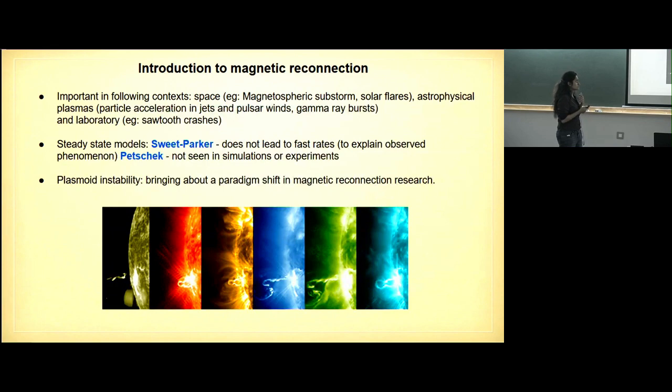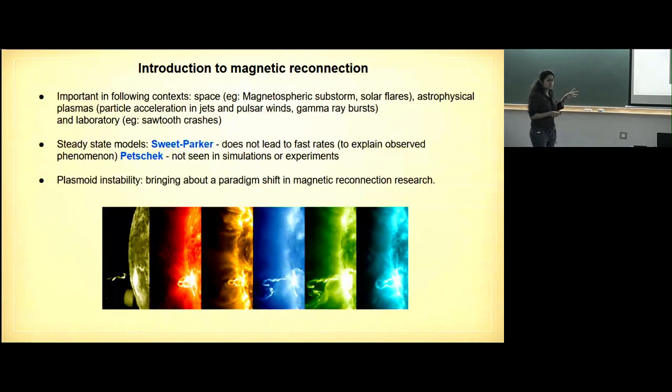And people are trying to even use it as a model for gamma ray bursts. And in the laboratory, like in fusion experiments, you have what are known as sawtooth crashes, which can be problematic for the stability of the magnetic confinement structure. So that is thought to also arise from magnetic reconnection.